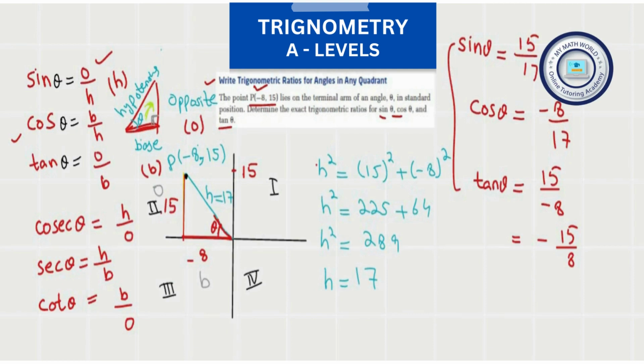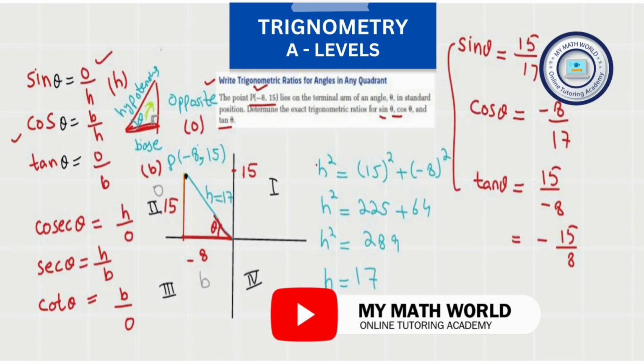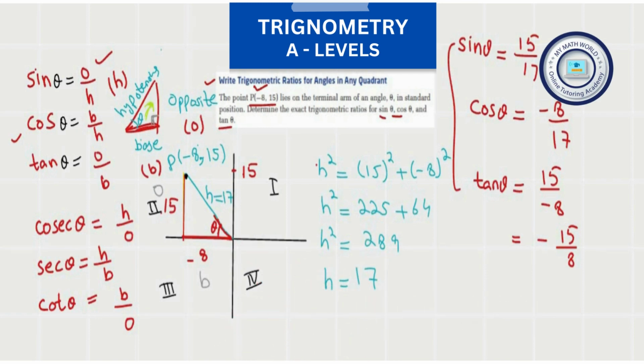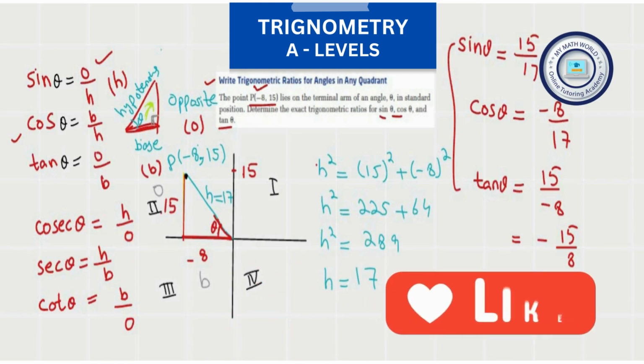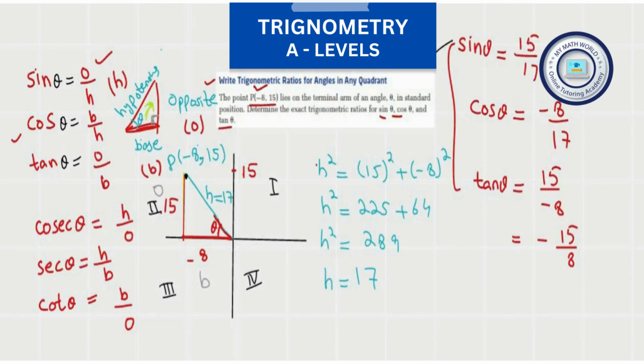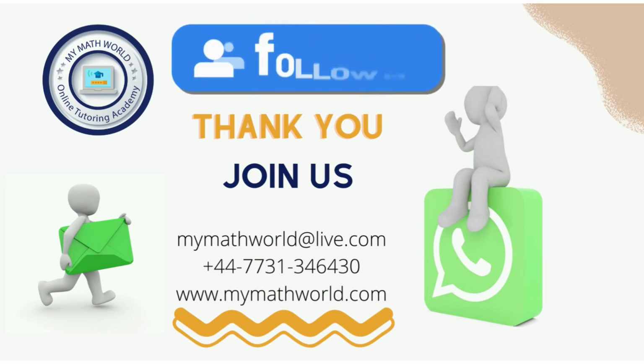And we got that triangle which was also in the second quadrant. According to this triangle, opposite was 15, hypotenuse was 17 and base was -8. By the use of these values we have got the values of sine theta, cos theta and tan theta. I hope everything is clear to you and I hope you enjoyed the session.